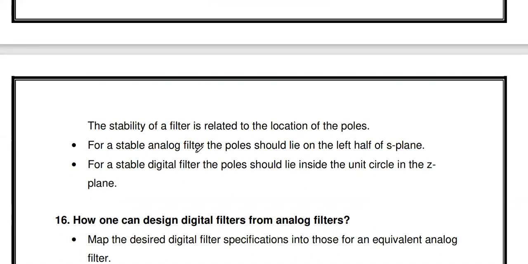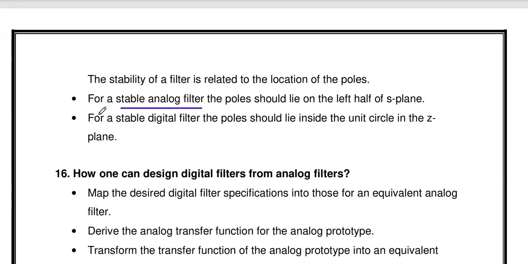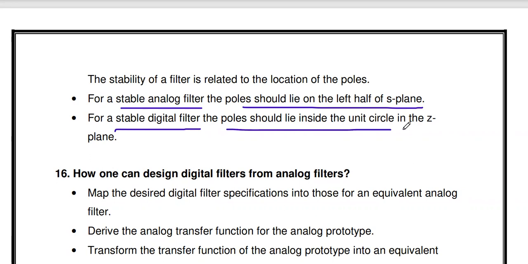If the poles are located in the right half of the S-plane, we call it an unstable filter. So for a stable analog filter, the poles should lie on the left half of the S-plane. Similarly, for a stable digital filter, the poles should lie inside the unit circle in the Z-plane.